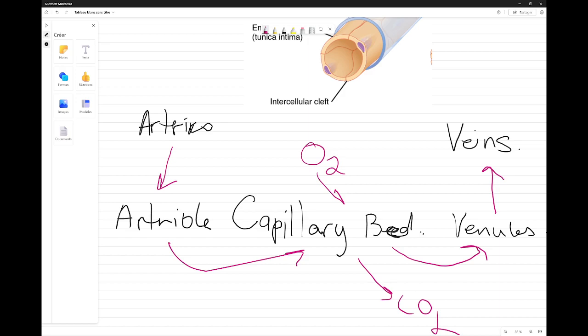All the nutrients are coming from the arteries generally, branching off into arterioles, then going into capillary beds, where deliveries of oxygen are made and pickups of carbon dioxide are made. Then the blood cells move into venules, and the venules meet back up into larger veins. So that's what we'll have there.